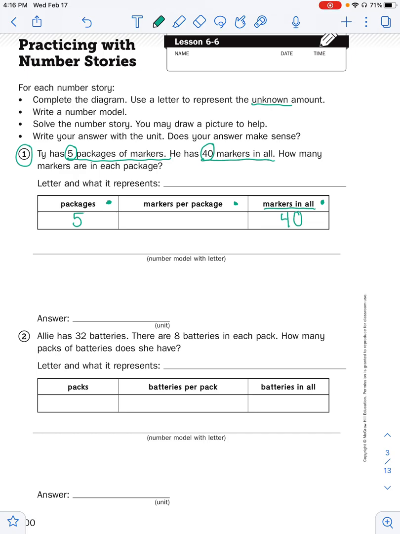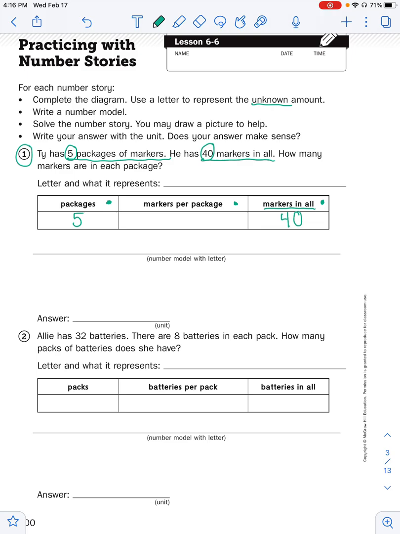The question asks, how many markers are in each package? Well, that's the same thing that it says right here, markers per package. So I do not want to put a number there. I want to put a letter there. I can choose really any letter, but I like to choose one that relates to the number story.